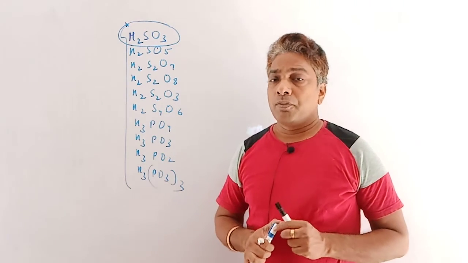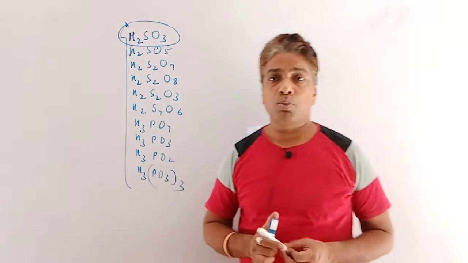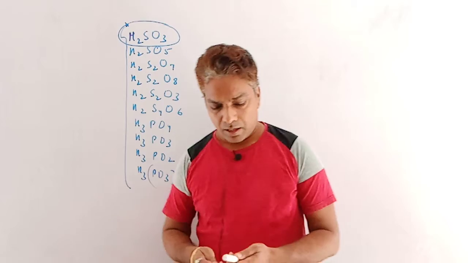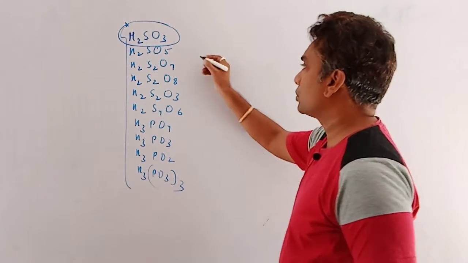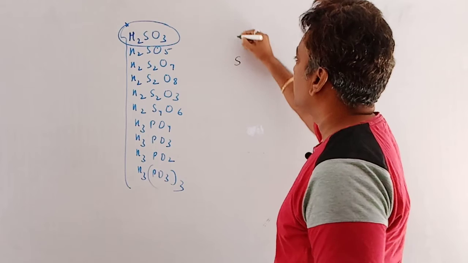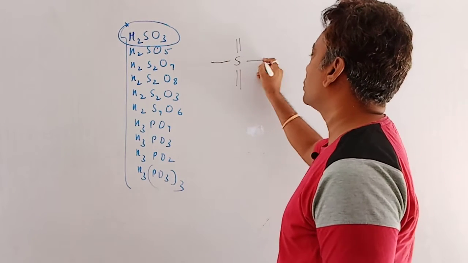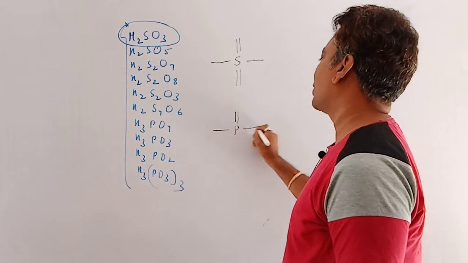So here is the point for hydroxy acids of sulfur and phosphorus. By using such a point, we can easily draw the structure of these molecules. Suppose in case of sulfur, the arrangement of bonds with respect to the central atom is sulfur double bond as well as 2 single, while in case of phosphorus, double bond and 3 singles.